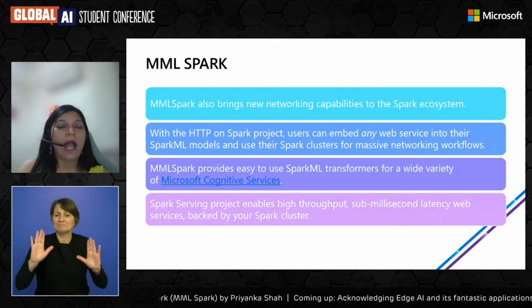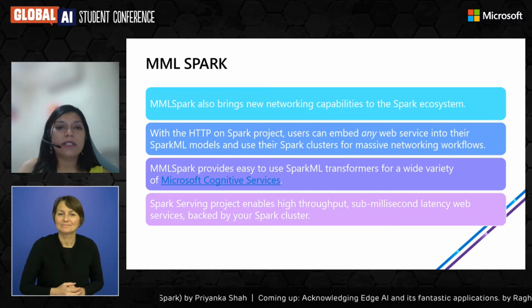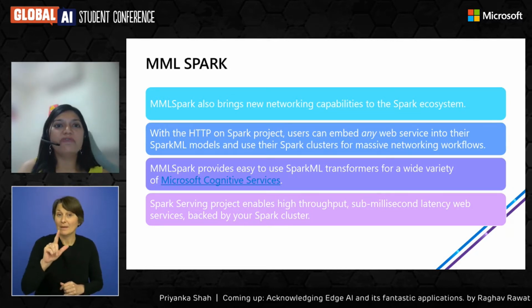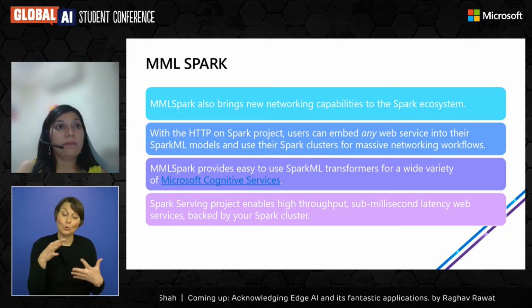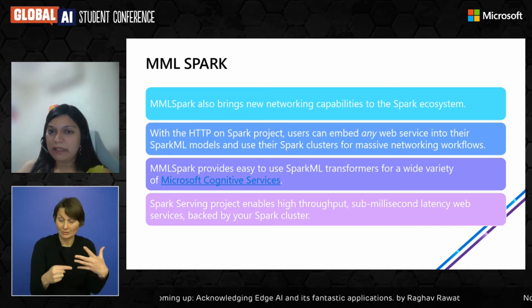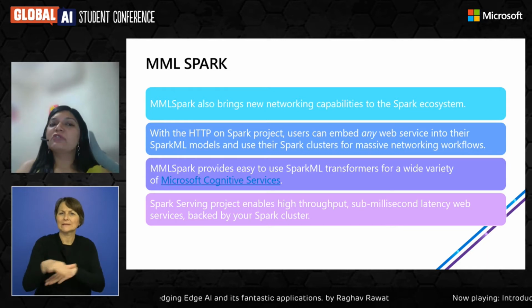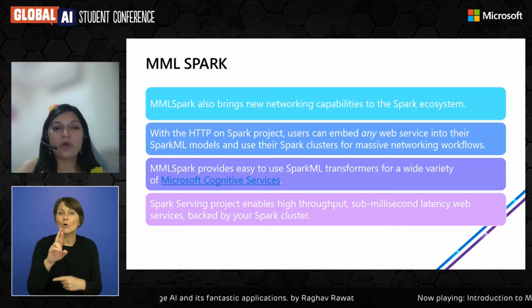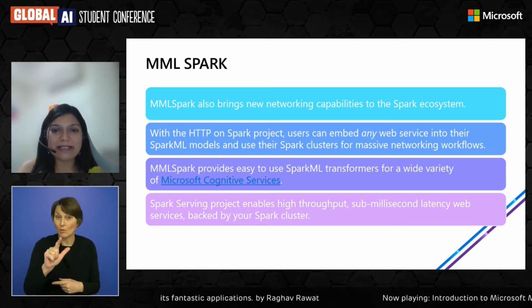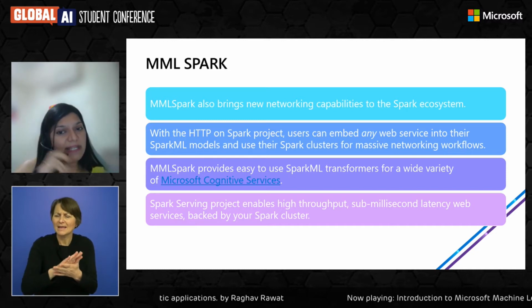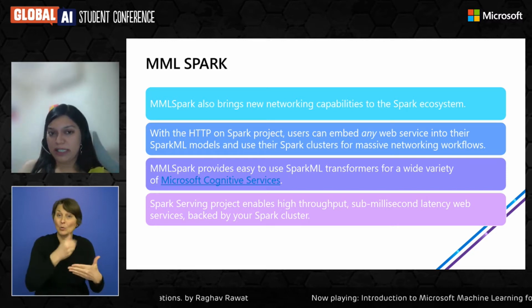And if you talk about the features of MML Spark, it brings networking capabilities to the Spark ecosystem. When we talked of RESTful, what it means is that users can embed any web service into their Spark machine learning models.